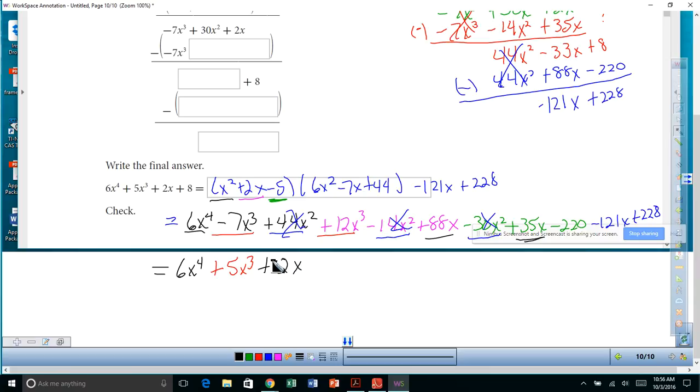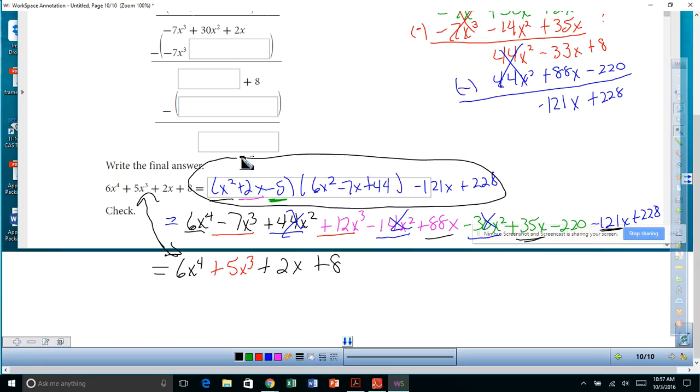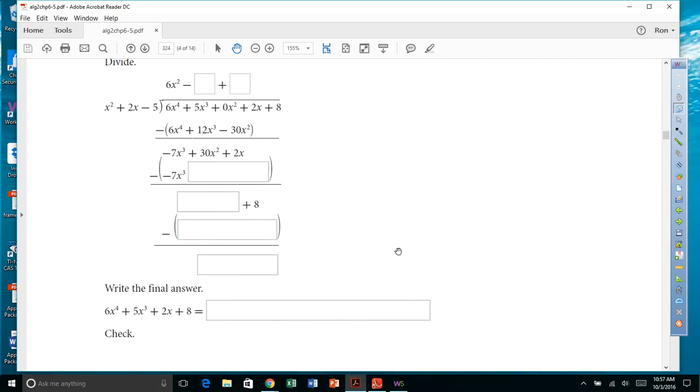And then those cancel out. So now you got negative 220 plus 228. That's going to give you plus 8. And if you'll notice, these two are the exact same thing. So this is your final answer. It works. Good.